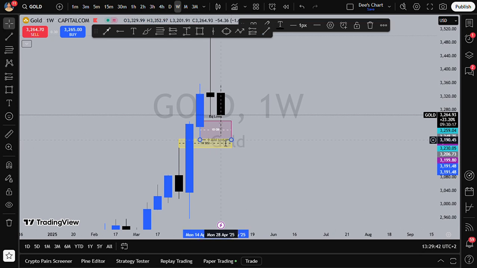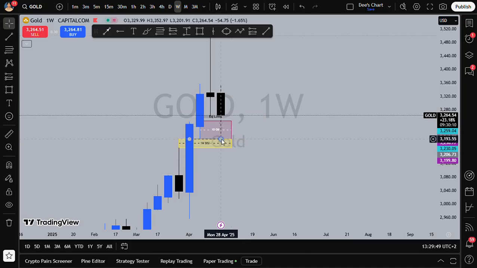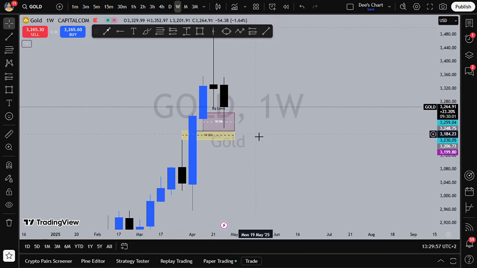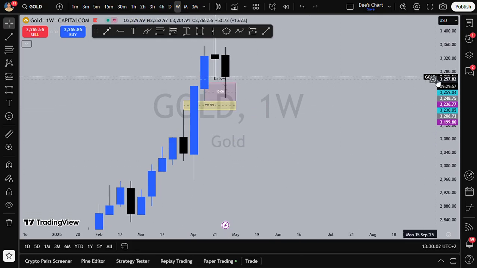This weekly low right here is also liquidity, an area where price can seek, because we want price to rebalance inside of this weekly buy side imbalance, sell side efficiency, so that we can move higher, just like it did over here.